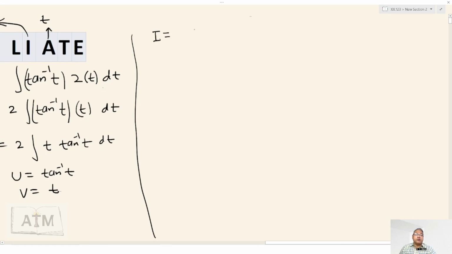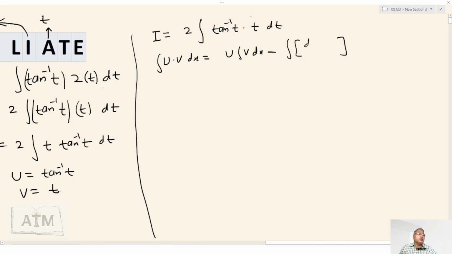Therefore I equals 2 into integration of tan inverse of t into t with respect to t. Integration of u into v with respect to x is nothing but u integration of v dx minus integration of box. Inside the box there is du by dx and integration of v dx, and again dx.